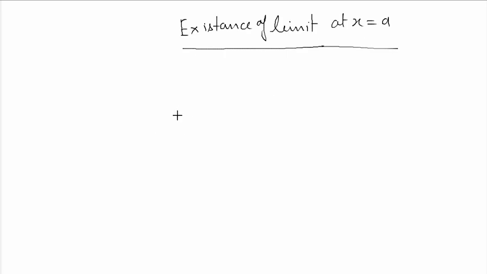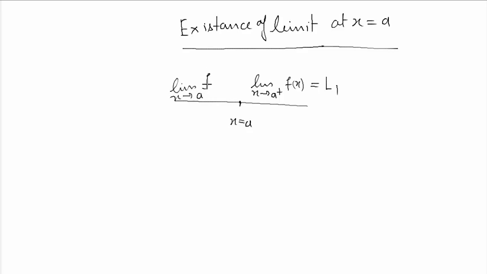You can see we have calculated the limit at x equal to a, right hand limit, that is limit x tending to a plus f(x), let's call it L1, and left hand limit x tending to a minus f(x), call this L2. So we have calculated these two limits at a.